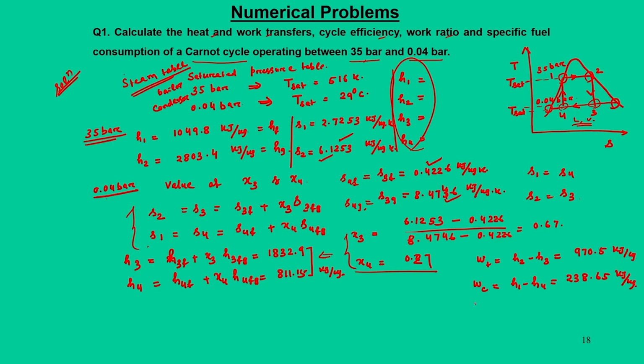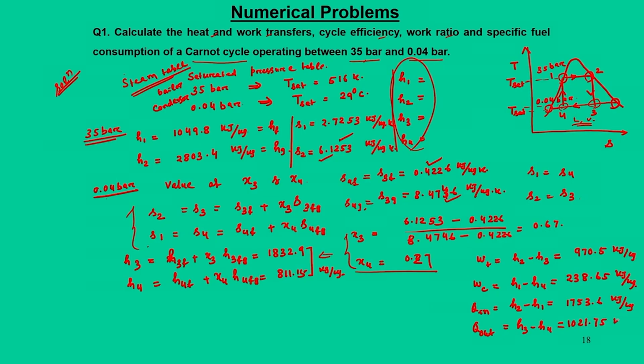Then Q in, which is H2 minus H1, is 1753.6 kilojoule per kg. Then Q out would be H3 minus H4.